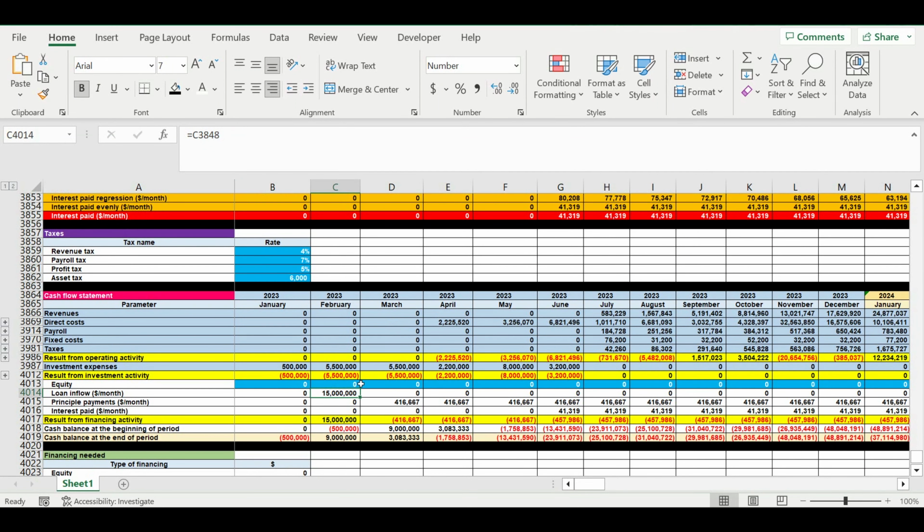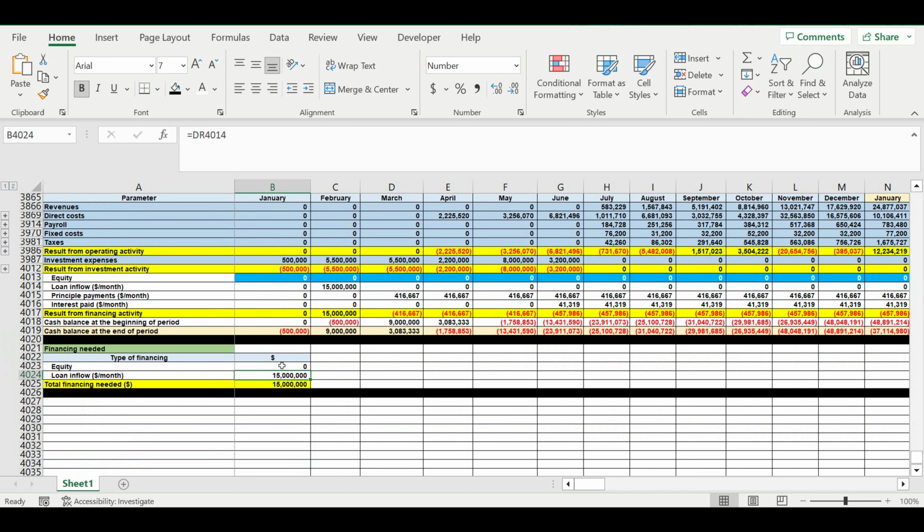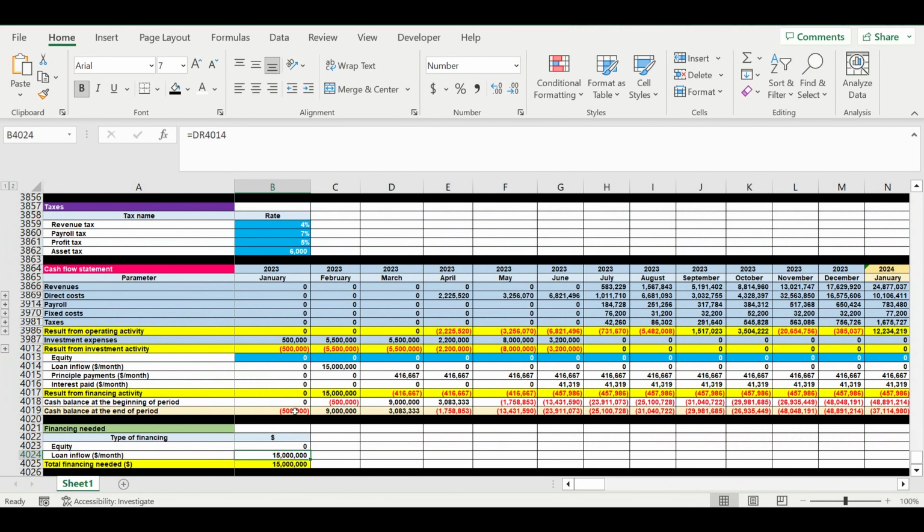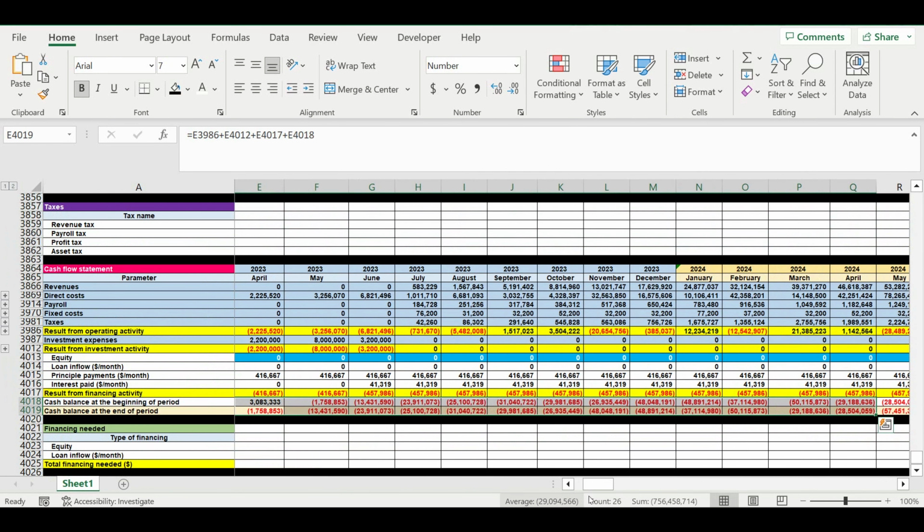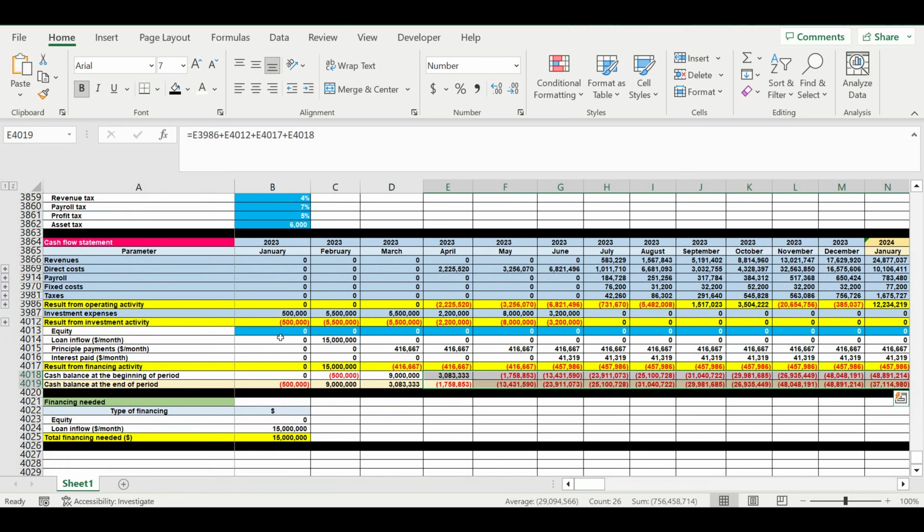Here it is. You can see the loan being added here, and the other financing is coming from our pocket. So we're doing the same exercise for equity.